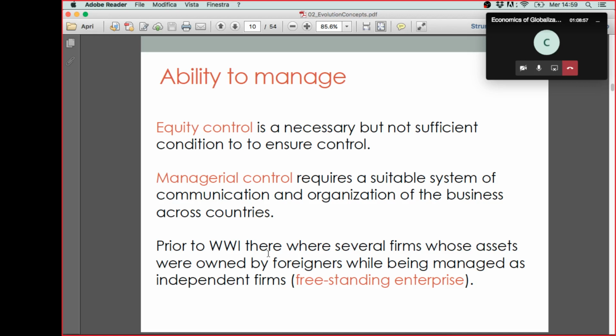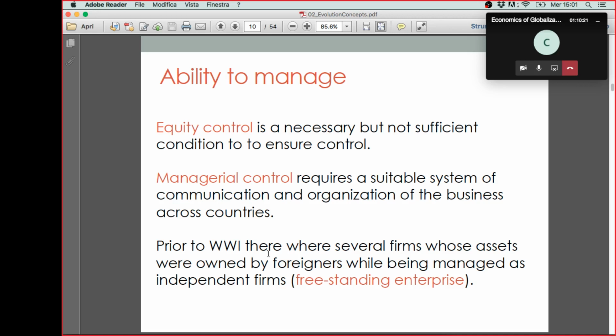But at that time, neither the systems of communication nor the type of organization of business that was available made it possible for UK investors to really have control of what was going on in the US companies. So in that case, it is not possible to talk about actual multinational companies.